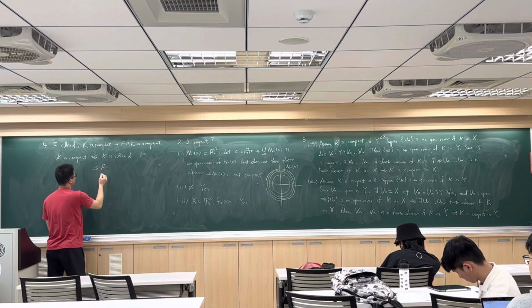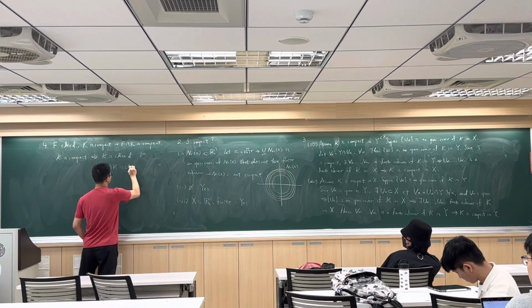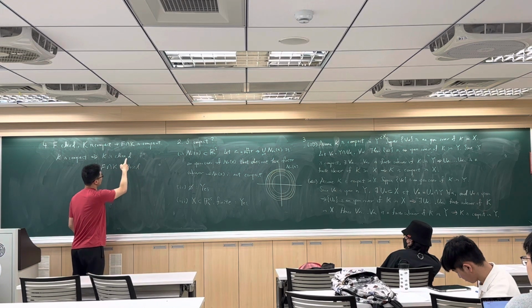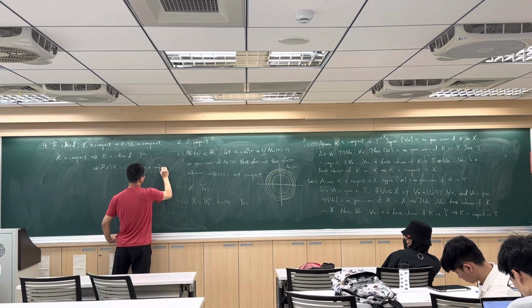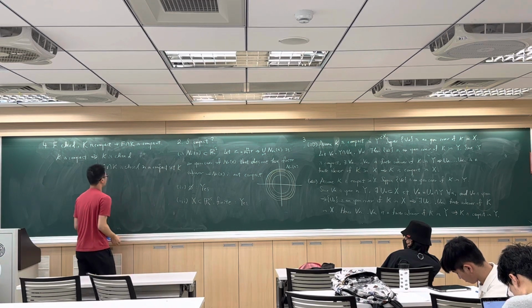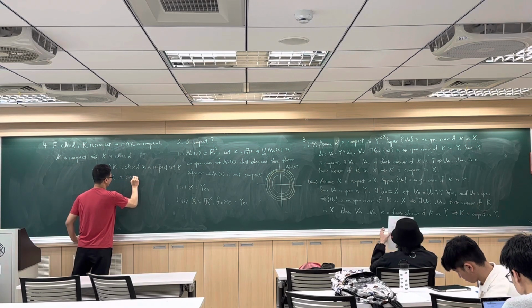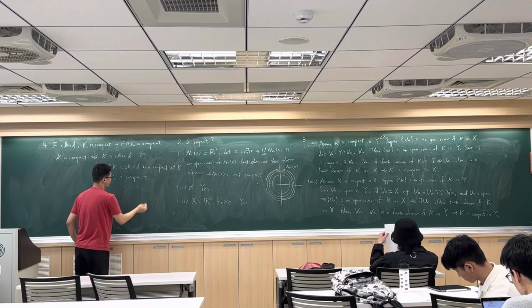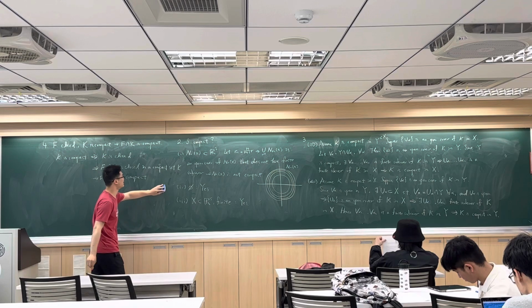Because F is closed, F intersect K is closed. And a closed subset of a compact set is compact. So we have F intersect K is compact. Yeah, that's all.